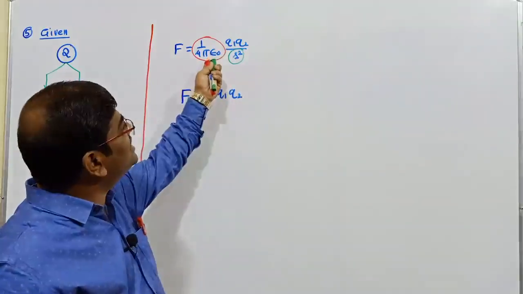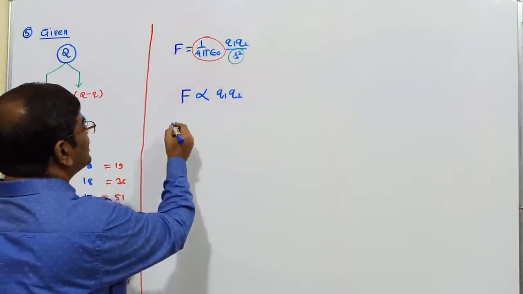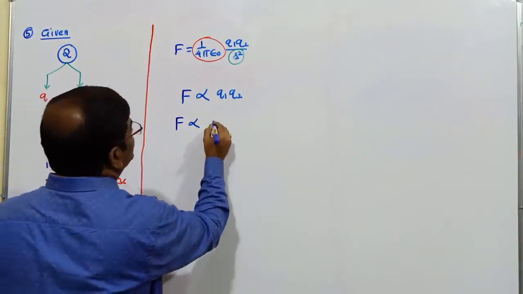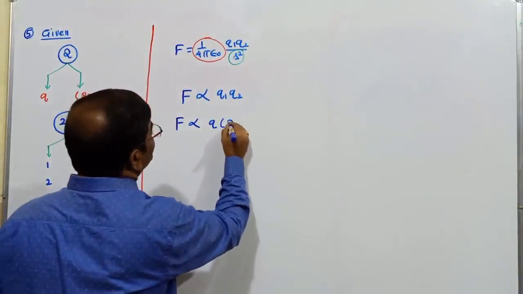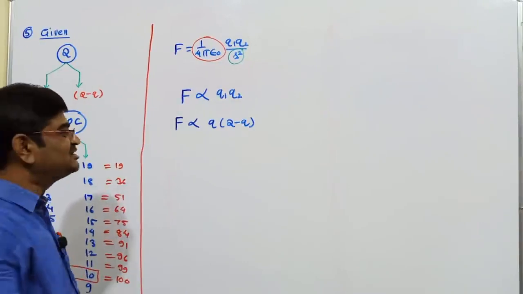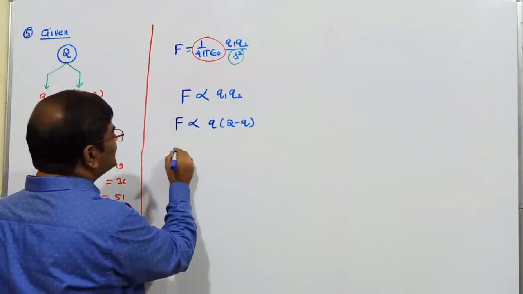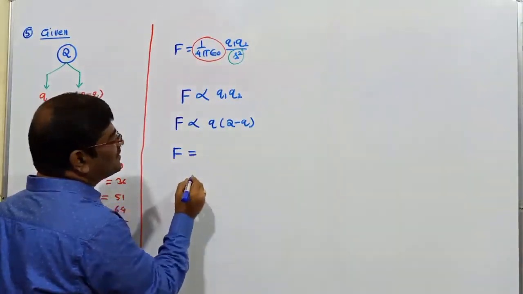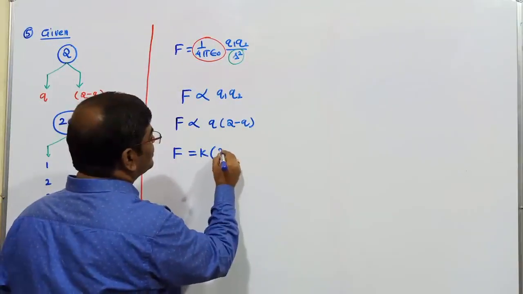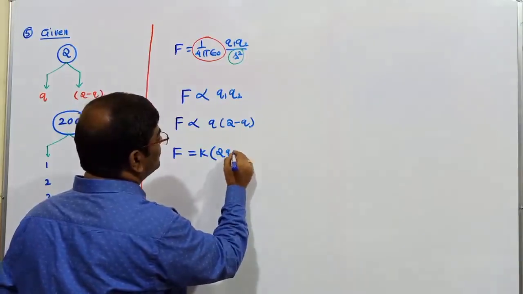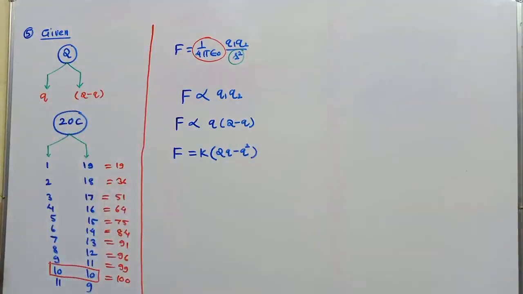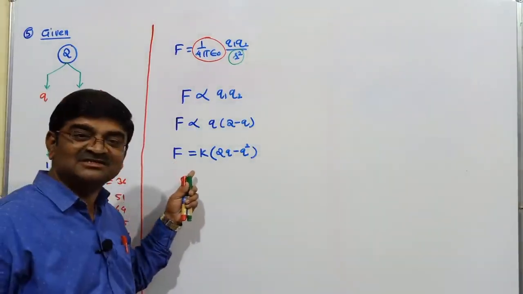Every pair is in the air, and separation is the same. So I can write F proportional to q into (Q minus q). Thus further I can write F equals one constant, and what is there in the bracket is q (Q minus q). What I got is this much.